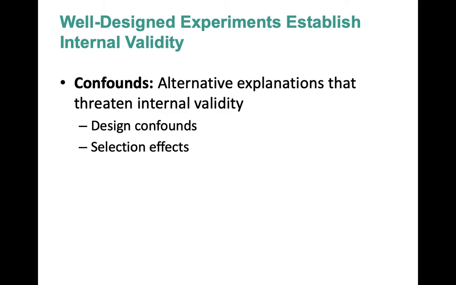So, for example, in the pasta study, it would be a confound if some participants received less appetizing pasta and others received more appetizing pasta. And particularly if the participants in the large bowl condition got more appetizing pasta and participants in the medium bowl got less appetizing pasta.